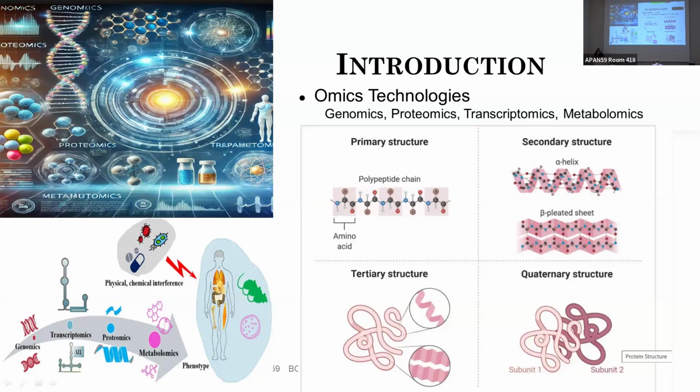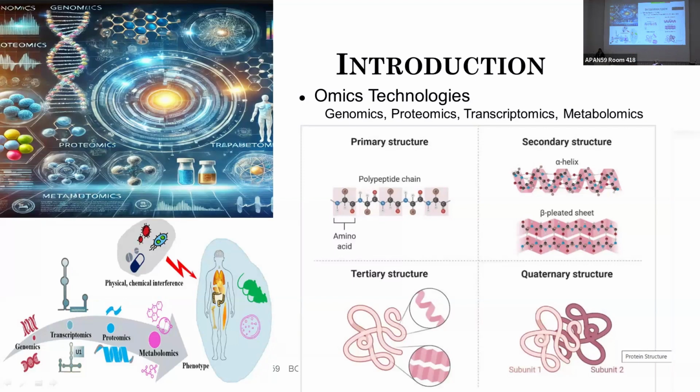Structural data can be primary structure, secondary, tertiary, or quaternary. Different levels of data we have. It's multidimensional data. Transcriptomics is all about RNA data. It can be messenger RNA, tRNA, microRNA. There are several types of such RNA data, and all together we call them transcriptomic data. Metabolomics is about small molecules, and we study them as well. There are a lot of such data in the repositories out there.